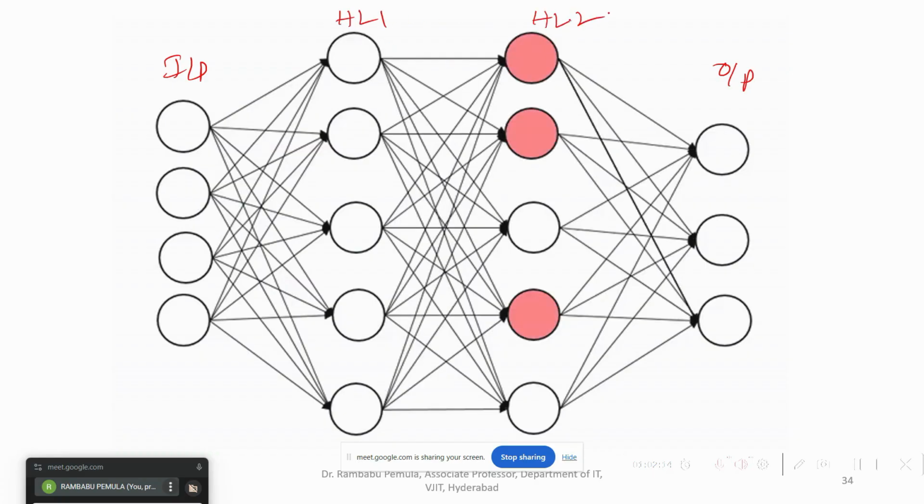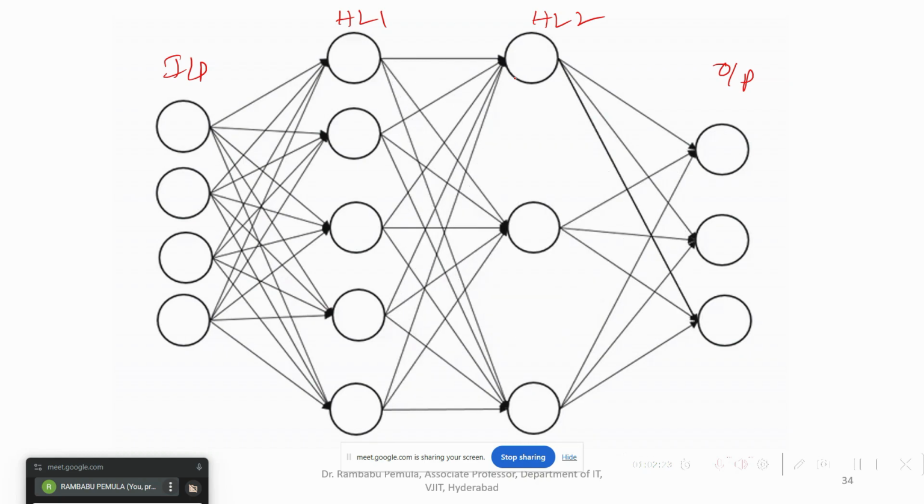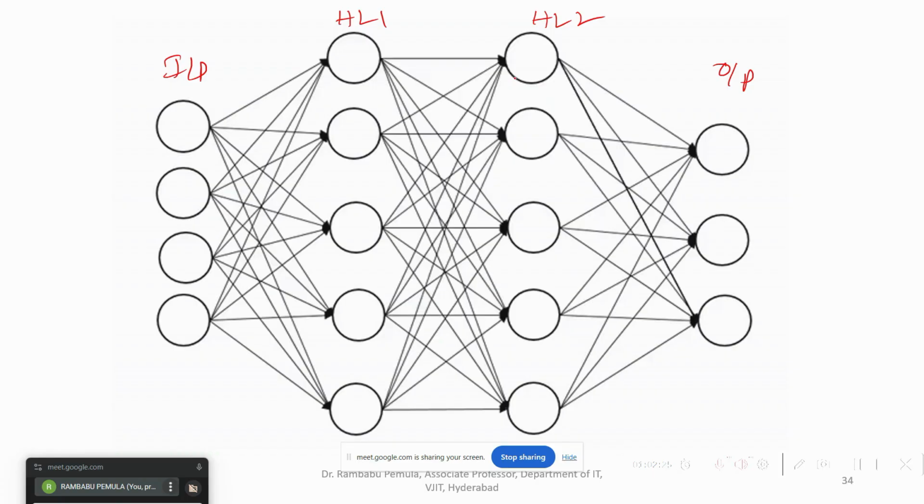In order to overcome the overfitting problem, in hidden layer 1 or hidden layer 2 we drop some neurons in the network. This is called dropout. With the help of dropout we overcome the overfitting problem.